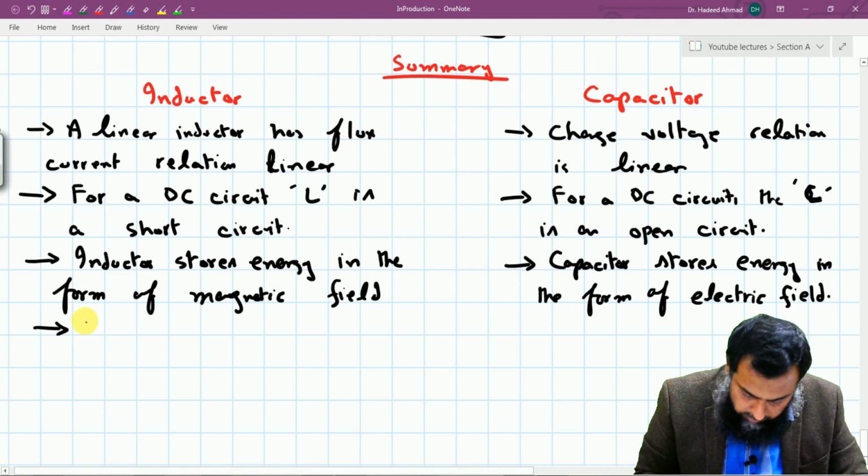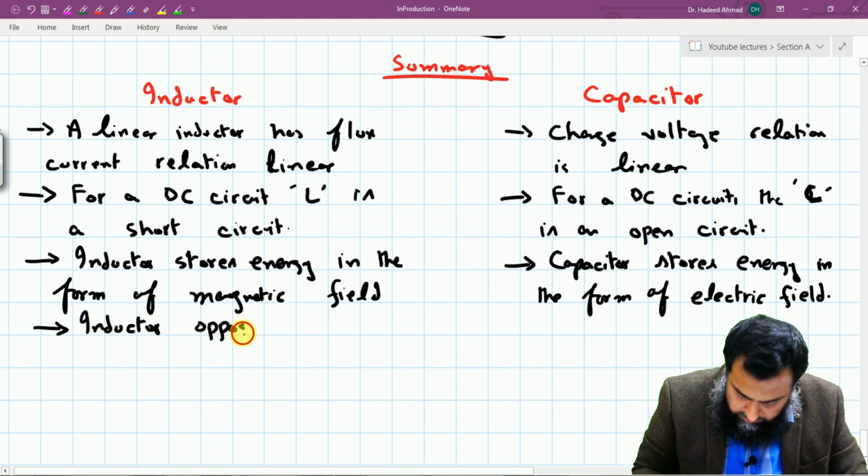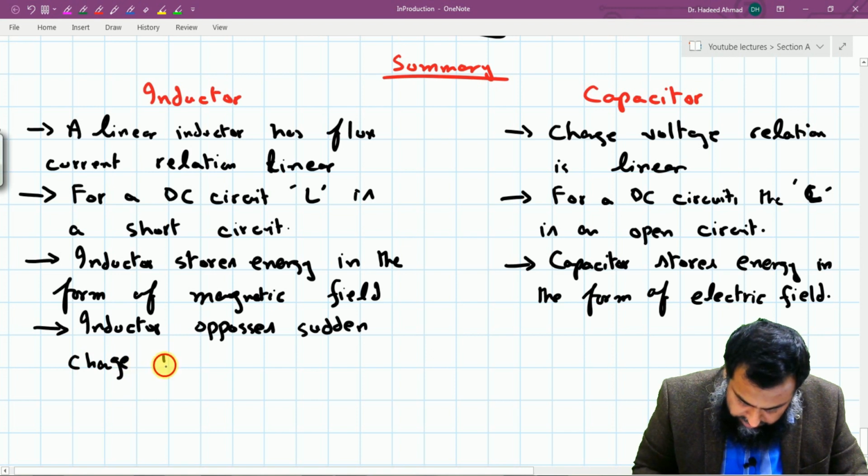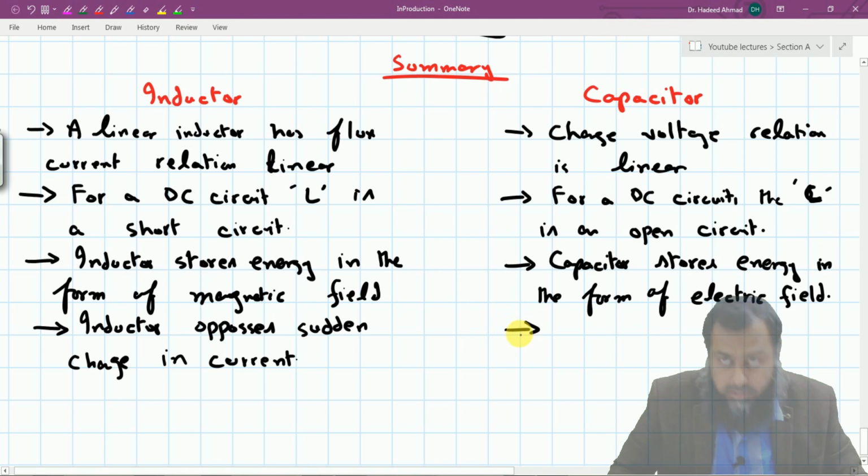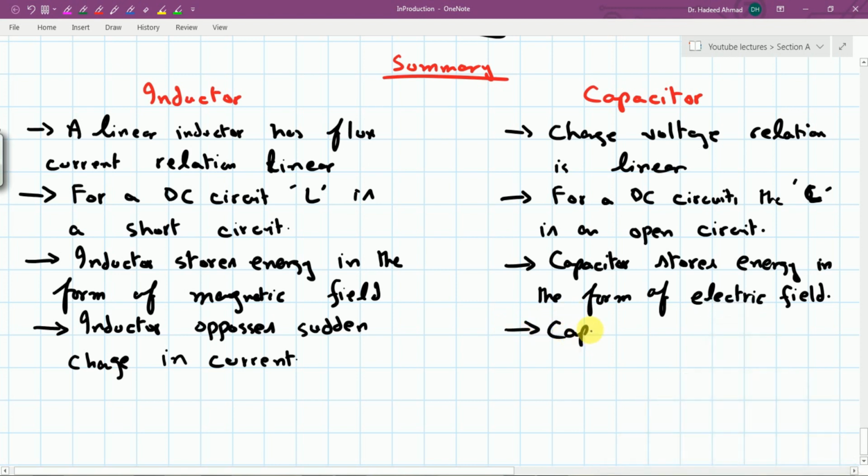Also, the inductor opposes sudden change in current, whereas the capacitor opposes sudden change in voltage, right?